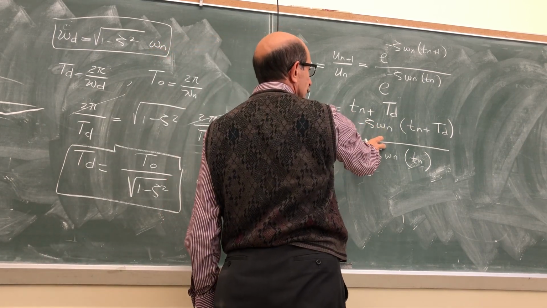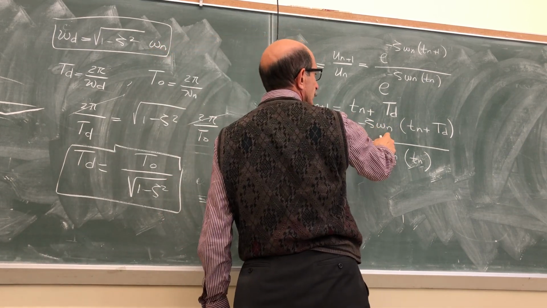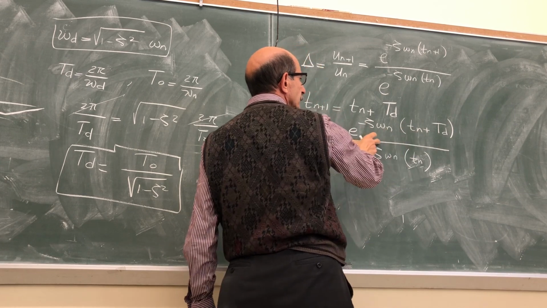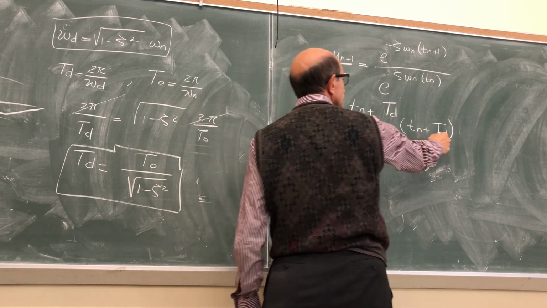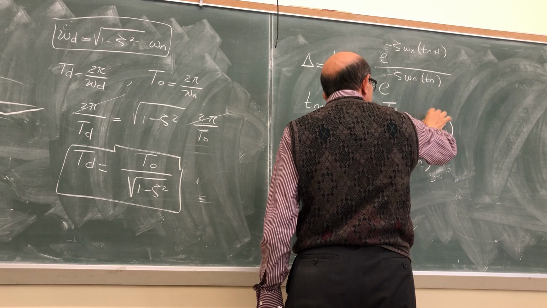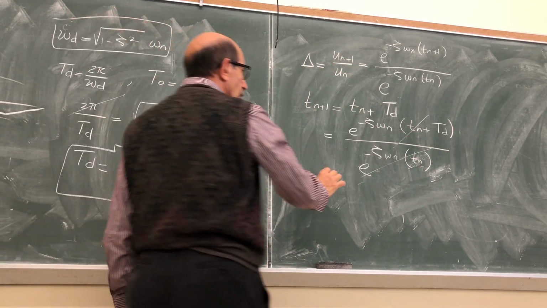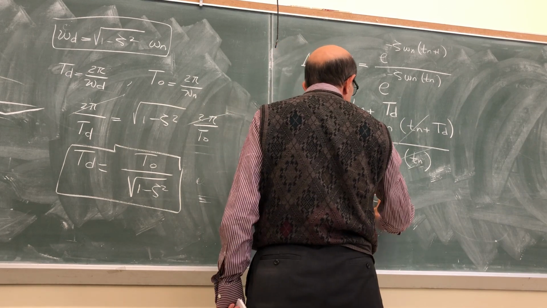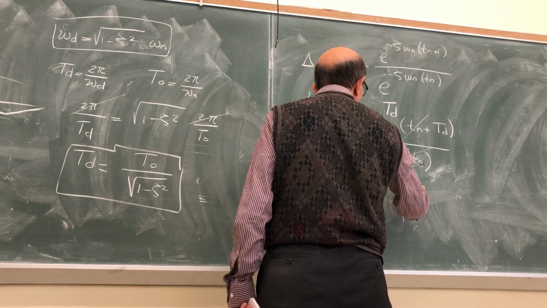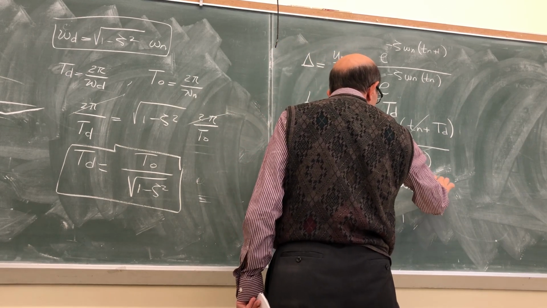This is the product of e to the minus zeta omega n t n, e to the minus zeta omega n Td. So this part and this part actually cancel out. So what you will get, you get e to the minus zeta omega n Td.